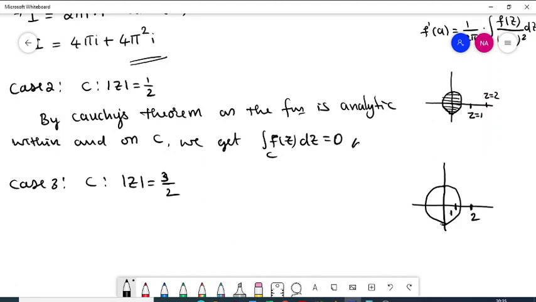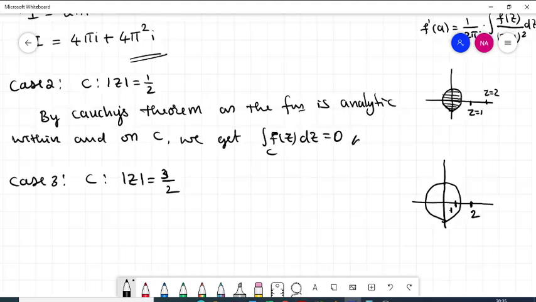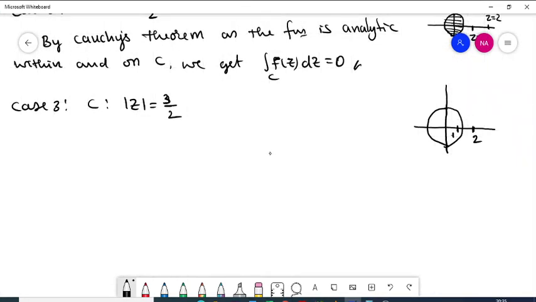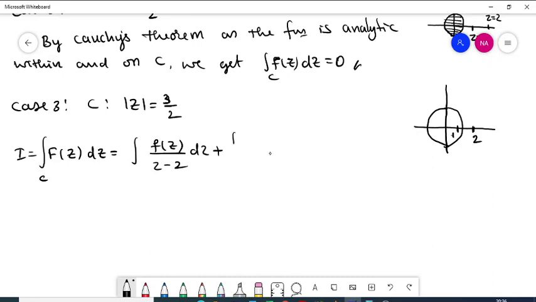Z equal to 1 will be within C and z equal to 2 will be outside C. Now the integral over C of f of z dz will be the integral of f of z divided by z minus 2 dz, plus the integral over C of f of z divided by z minus 1 dz, minus the integral of f of z divided by z minus 1 whole square dz.